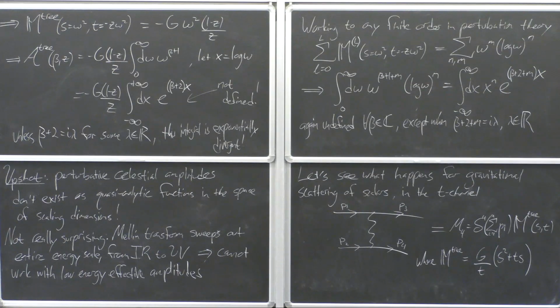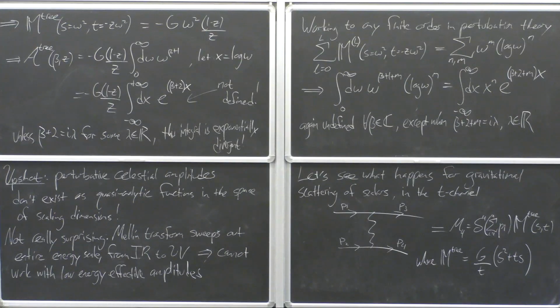So again, just to reiterate this point, in momentum space we have a distributional part of the amplitude, the momentum conserving delta function, and then we have the kinematical part of the amplitude, which is not distributional, depends on all of the quantum numbers of the scattering process, and is an analytic function in some region of the space of kinematic invariants, right?